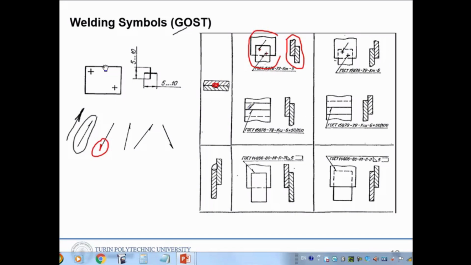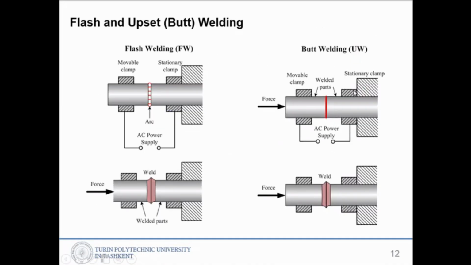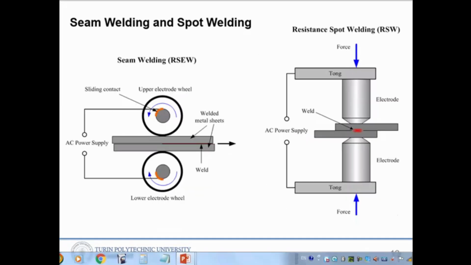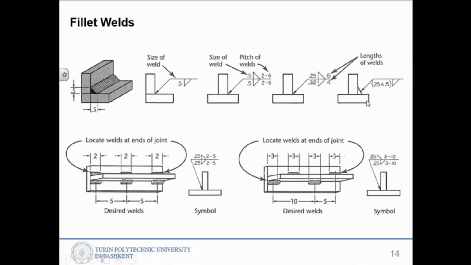And that is a seam weld, so these plates should be welded along the seam line, with this way. So that is a seam weld, and that's the spot weld, the right hand side one.